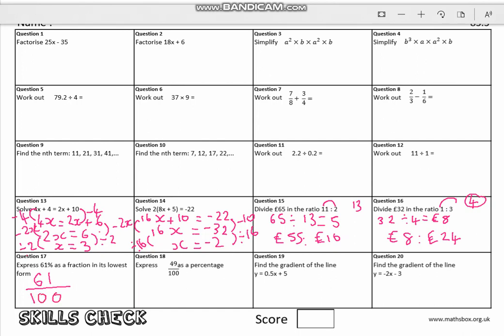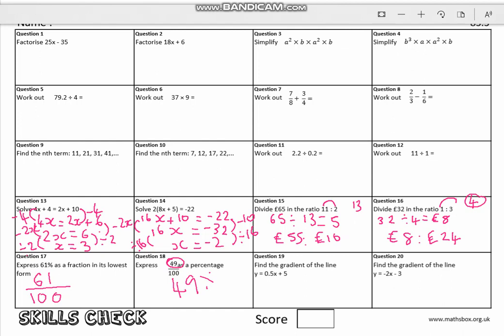This is an easy one because 61 over 100 is in its lowest form, I can't make that any smaller, but with some of them you might have to simplify. Now this is just the reverse, 49 over 100 as a percentage. A percentage is already out of 100, so if you've got a fraction that's already over 100, it's just the top number. So that one would just be 49%.